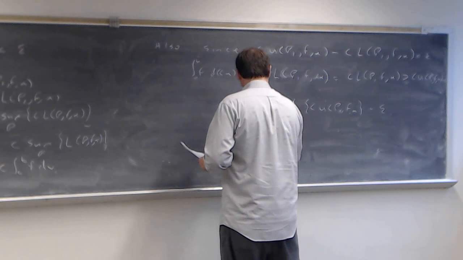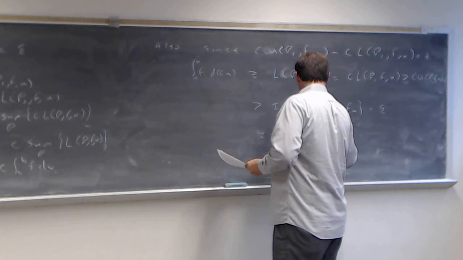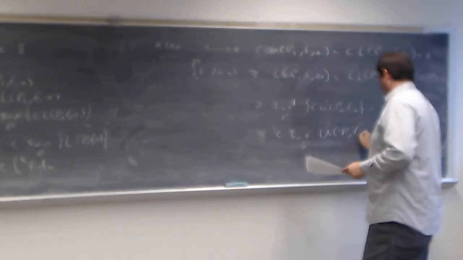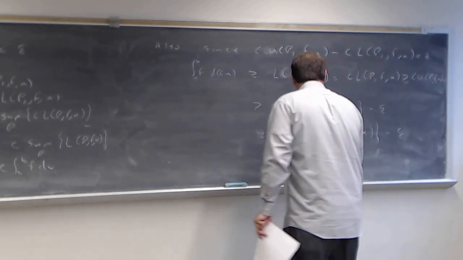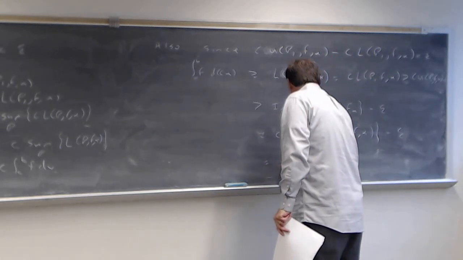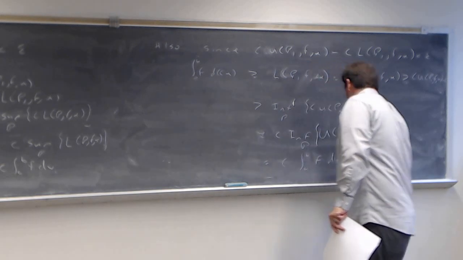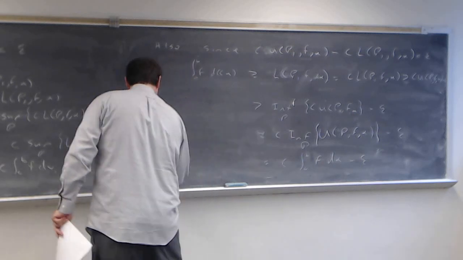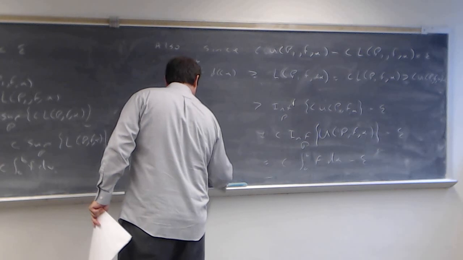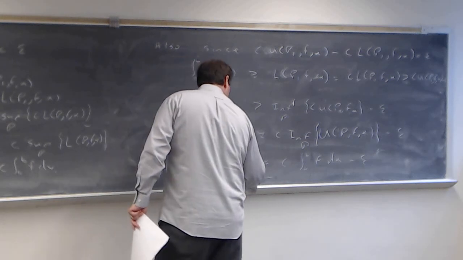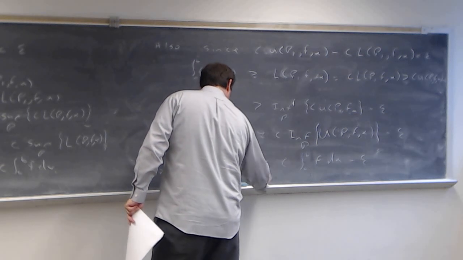And then this C can be brought out front. This is equal to C times the infimum over all partitions of the upper sums, and then minus epsilon. And this is equal to C times the integral from A to B of F d alpha, minus epsilon. So this work shows that the integral from A to B of F d C alpha is going to be, since epsilon is arbitrary, greater than or equal to C times the integral from A to B of F d alpha.